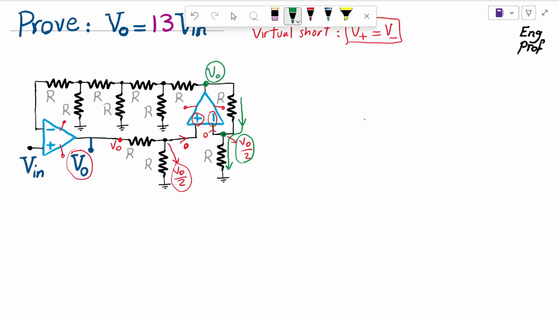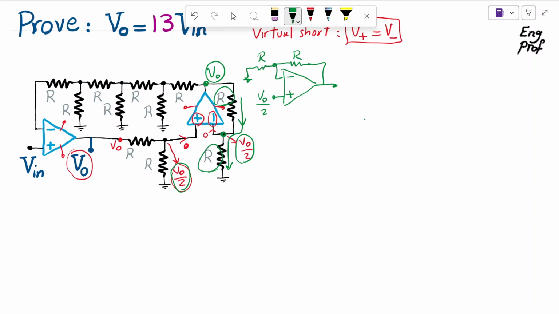Another way to look at it is to think about this second op amp in the formation of a non-inverting amplifier. On the positive input terminal, you have V out over 2. Negative input terminal, as you can see, we have a resistor here, which is this resistor, and we have a resistor here grounded, which is this resistor.